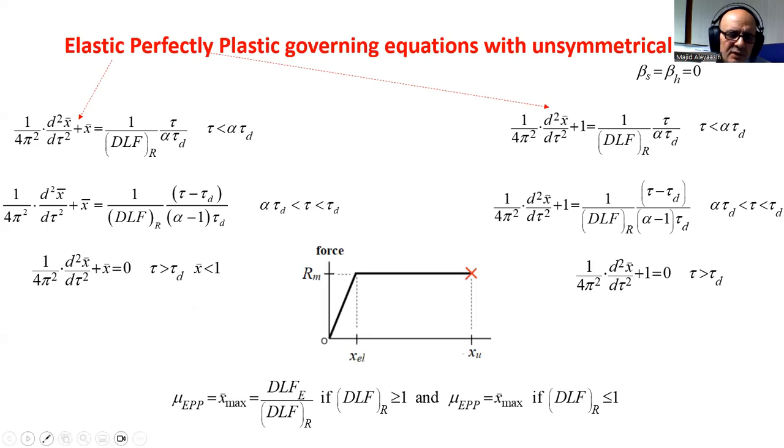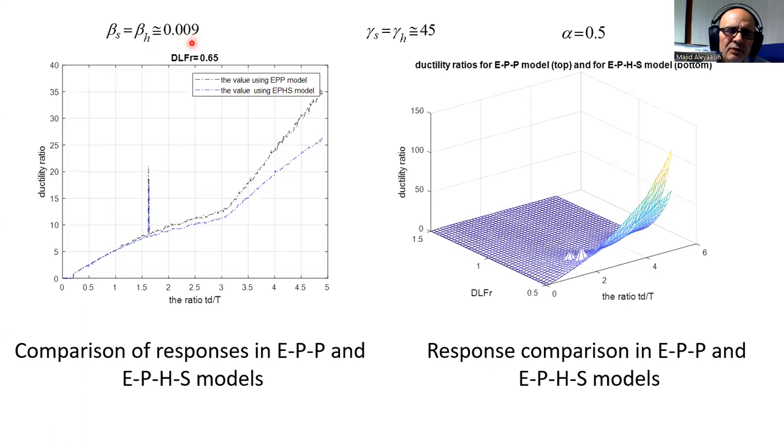If I do this, the results, as I told you, the softening and hardening parameters for steel are more or less the same, about 1%. And the hardening and softening ratios are very big, near 45 to 50 for steel. And for a particular load, with a dynamic load factor of 0.65, the ratio of maximum resistance to applied force is less than 1, which means we are in a plastic situation.